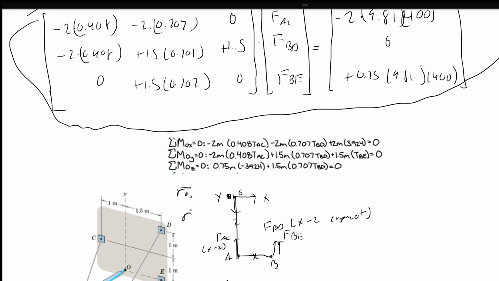From O here to point A, that is 2 meters, so that is the 2. And then the projection of AC down into the OA plane, if you did the triangle stuff, is this 0.408. And then it's negative from the right-hand rule, basically.